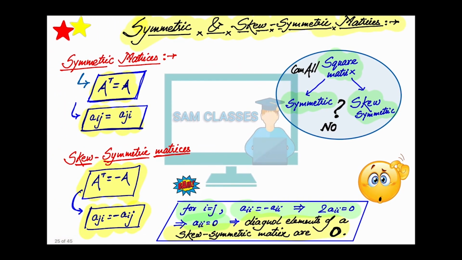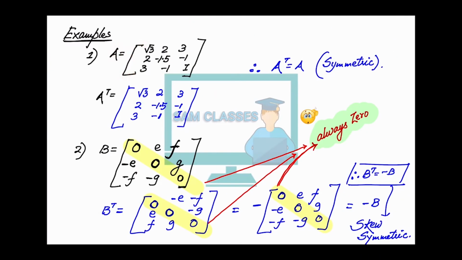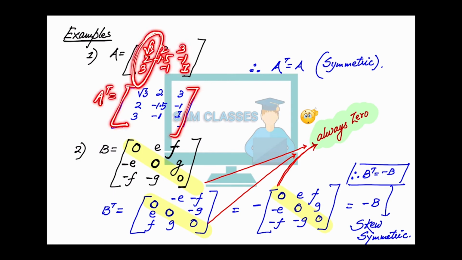Now coming to an example, let's see. We have a matrix A equal to root 3, 2, 3, 2, minus 1.5, minus 1, 3, minus 1, 1. Now when we do the transpose, students, you can see the rows we are changing to columns. So this whole column we have taken and made it the first row. The second column we have made the second row.